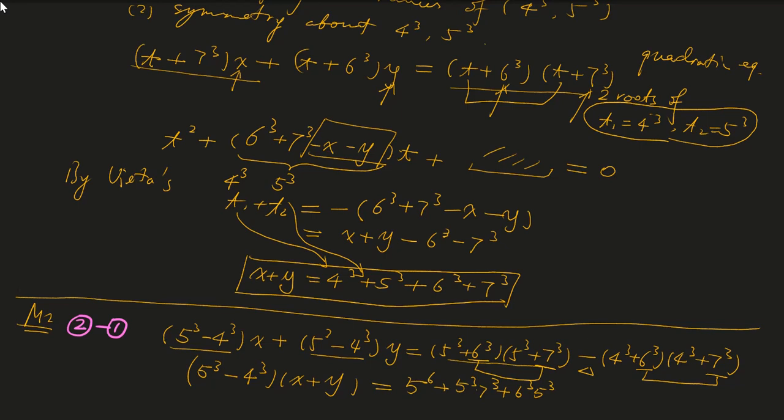Therefore, let's skip it. And let's continue to write the expansion of the second product. And we'll have 4 to the 6 minus 4 cubed times 7 cubed minus 6 cubed times 4 cubed.